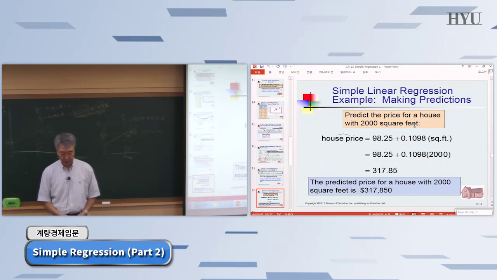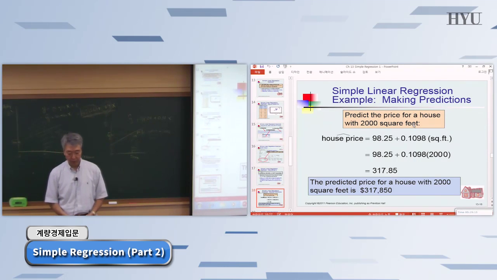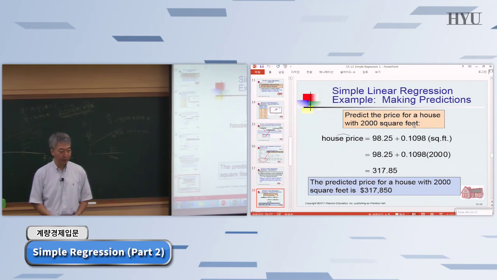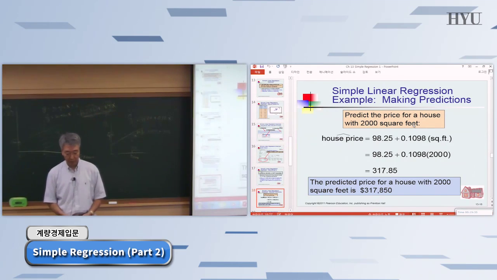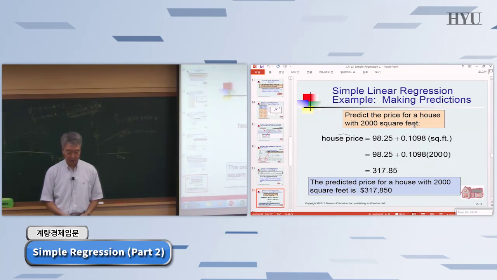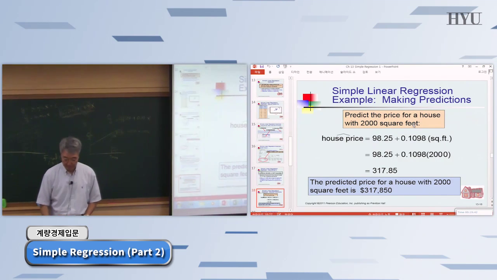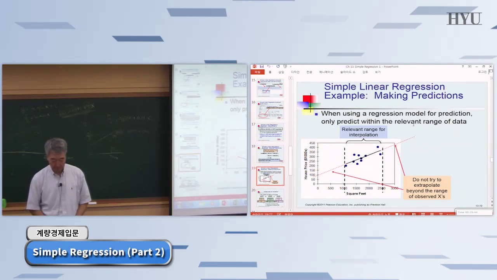So if you're looking for a house with 2,000 square feet in size, then the expected or predicted price in the market is about $317,850. Yeah, sorry, $850. Does it make sense?